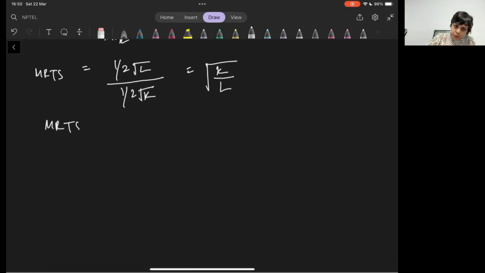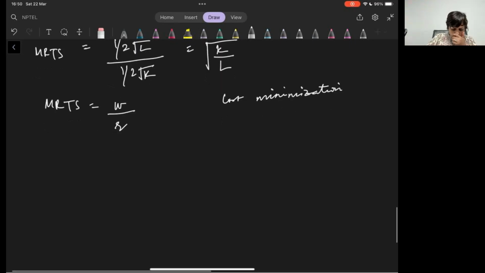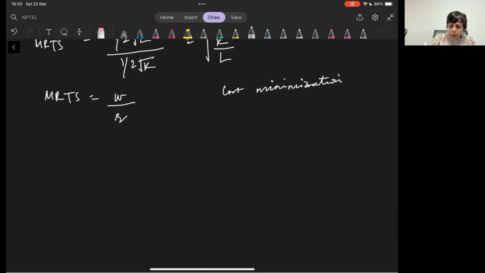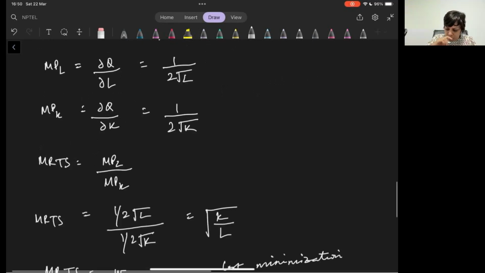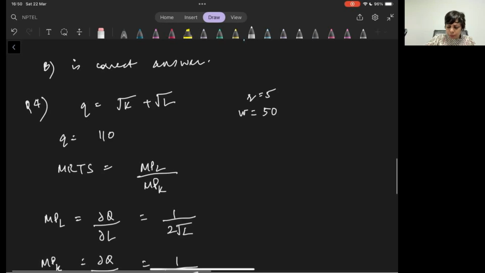MRTS comes out to be W by R. This is from the condition of cost minimization. Okay, we equate this to this. Therefore, you get root K by L is equal to W by R. Now we are given W and R. W is 50, R is 5.